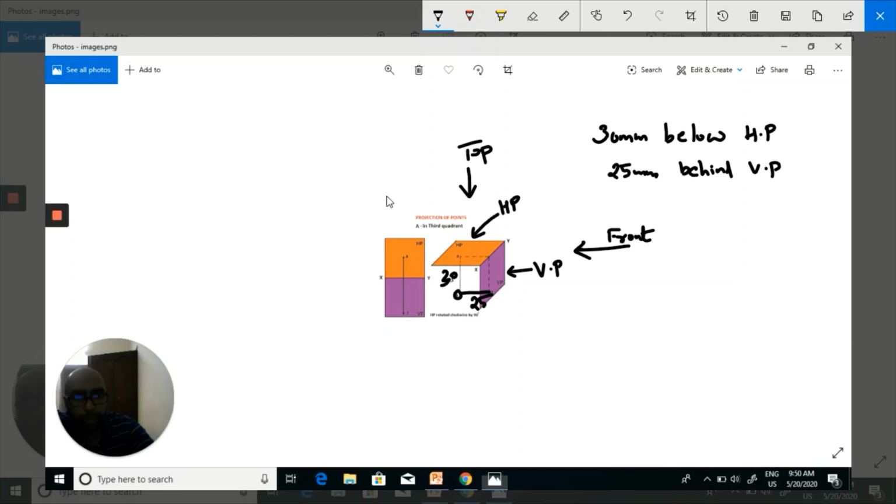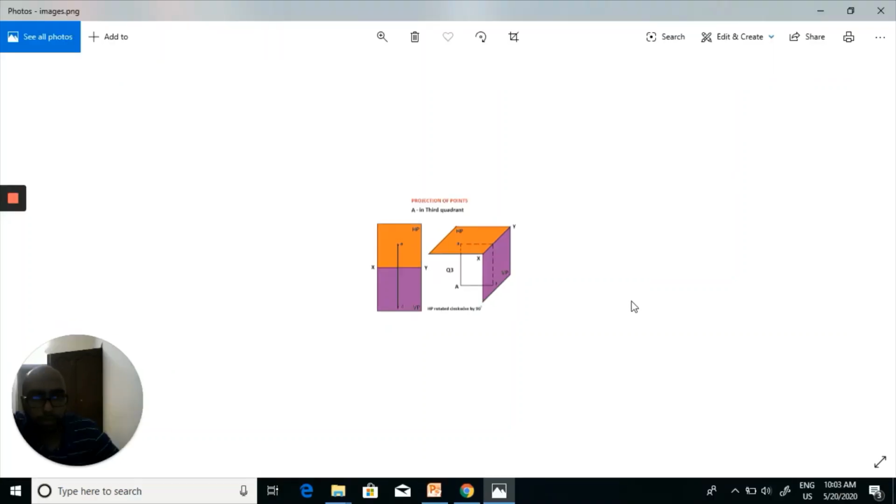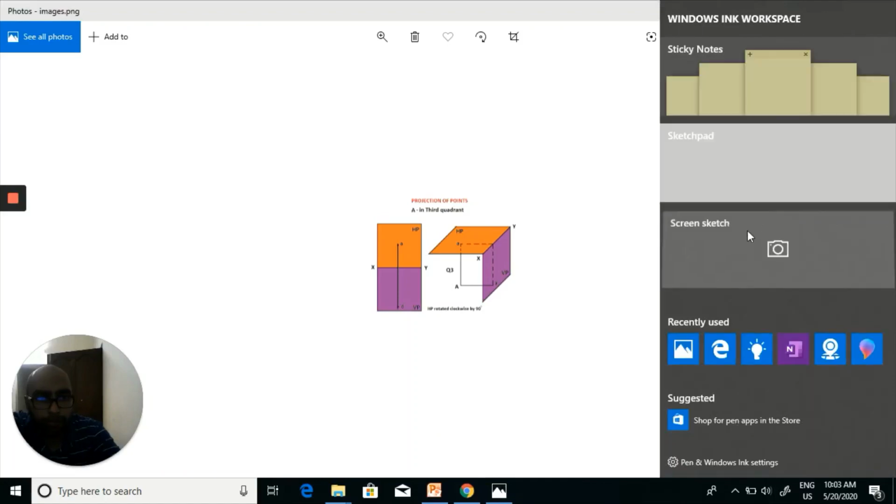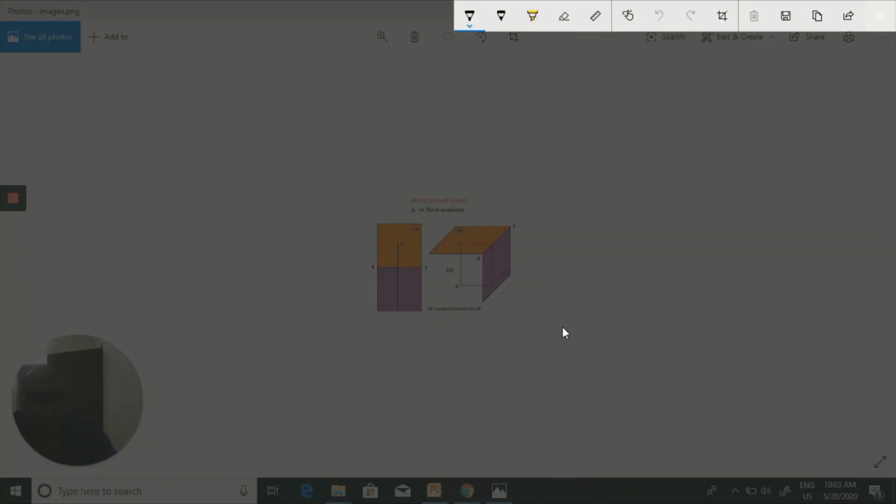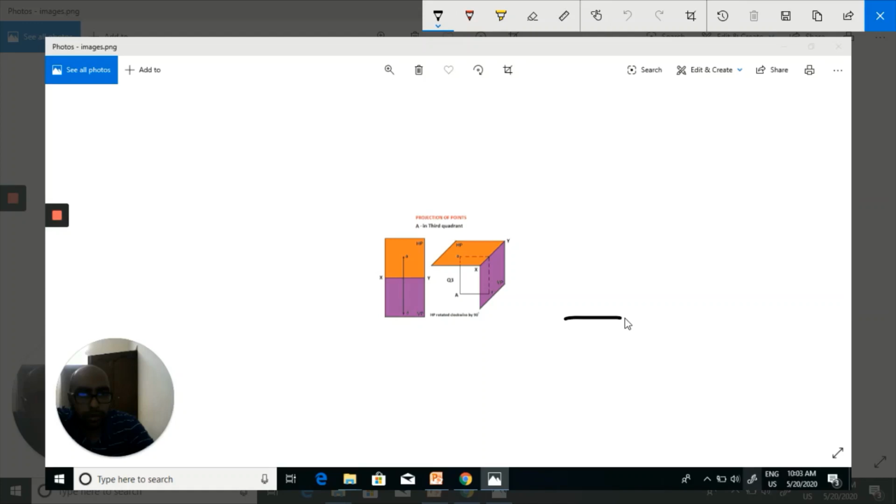Now you have to rotate the horizontal plane. As you sketch this problem, first you will have the XY reference line, then the horizontal plane will be at the top and the vertical plane at the bottom.